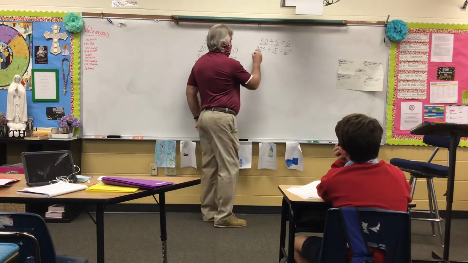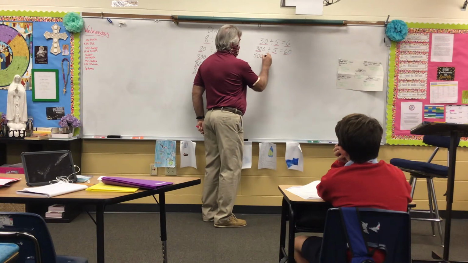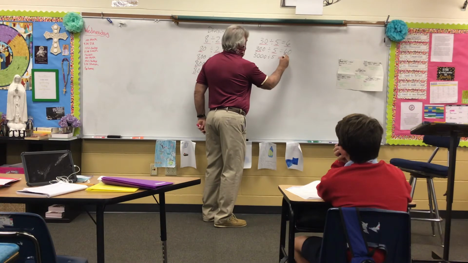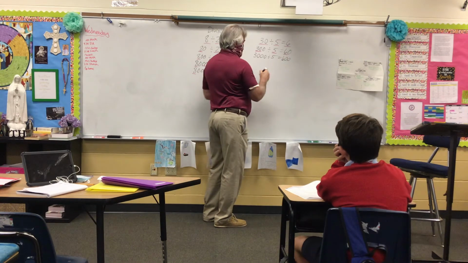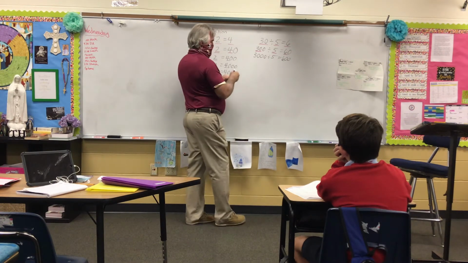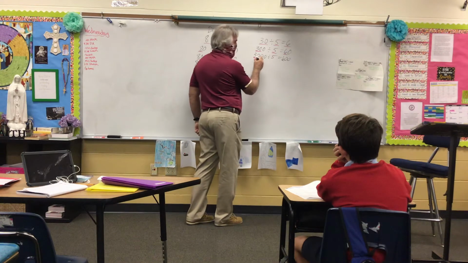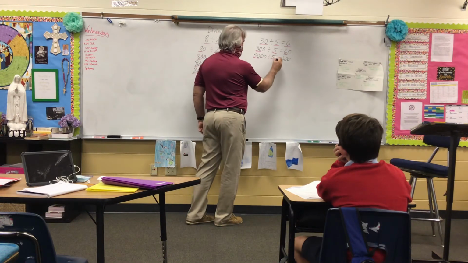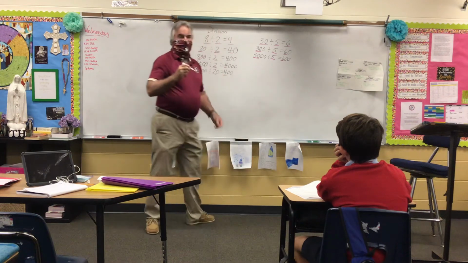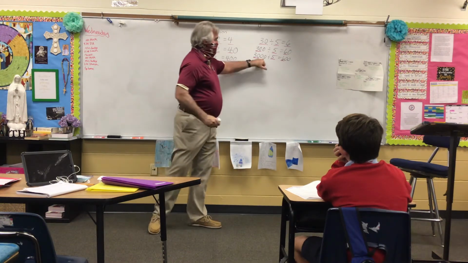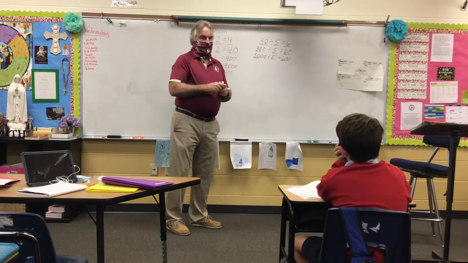If I move on to 3,000 divided by 5, this is going to equal 600. Basic fact with the 0, basic fact, and that leaves you with 2 zeros here and 2 zeros there.